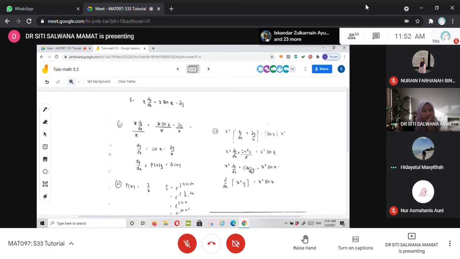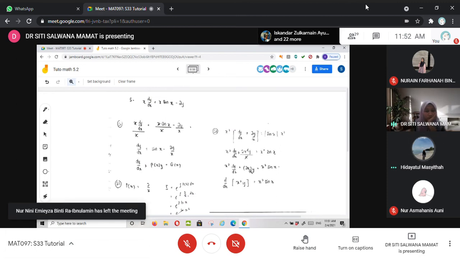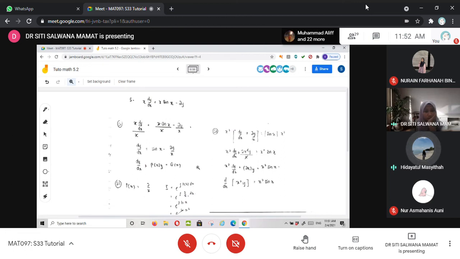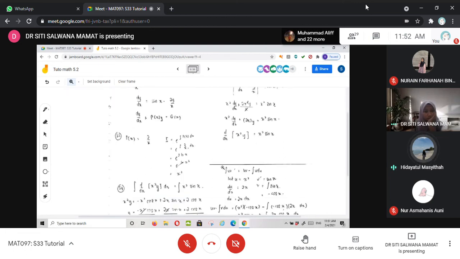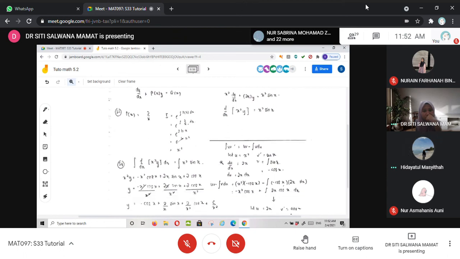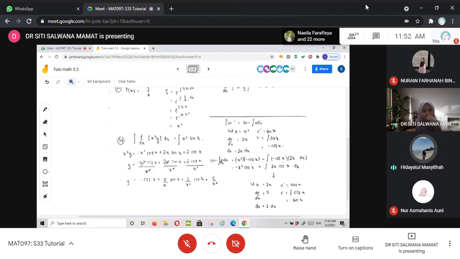So kita nak dia dalam integrating factor. So kita integrate. Sebenarnya integrate 2 over x, kita dapat 2 ln x. Lepas tu 2 dekat depan ni boleh jadi kuasa power. So kita boleh potong. Kita akan dapat I equal to x square. So step 3 dekat atas tu.